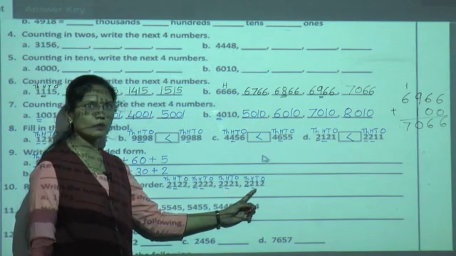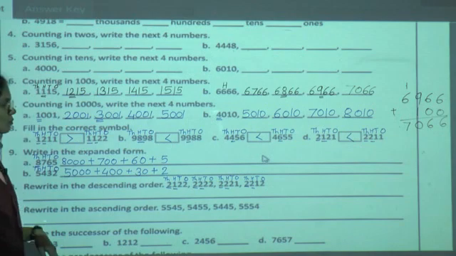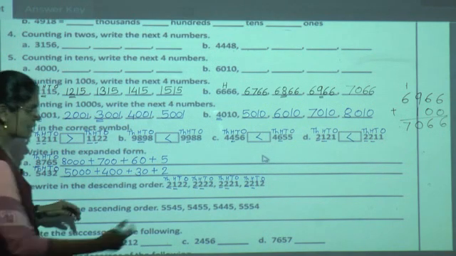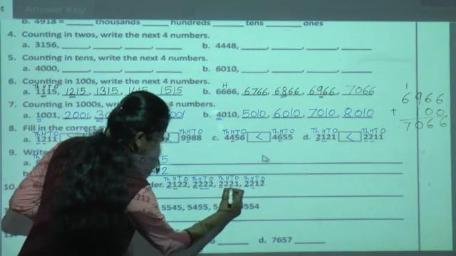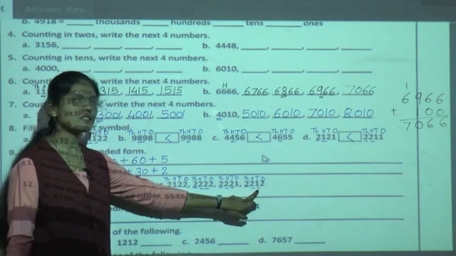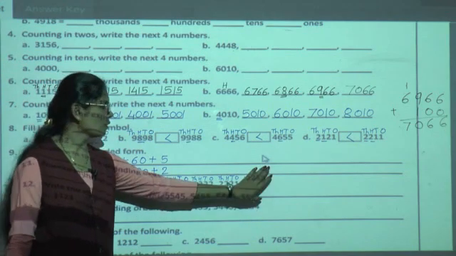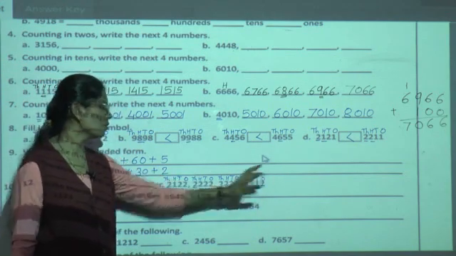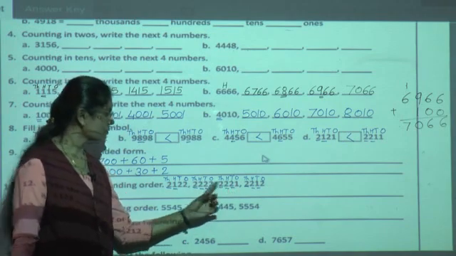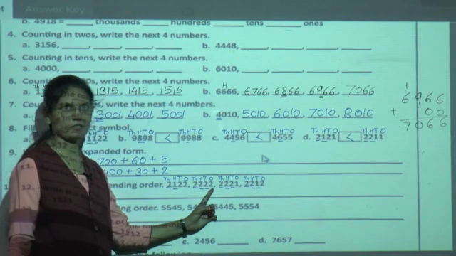Okay. Then what to do? Yes, go to the next tens place number. Here 2, here 2, here 1. Now here 1 is there which is smaller than 2. So we will not see this number now. We will do the comparison between these two numbers only. Now see the ones place digit.